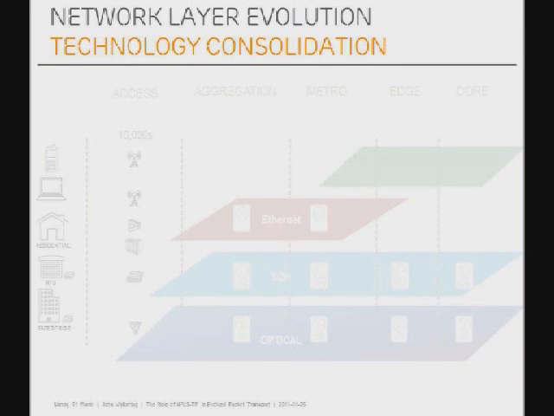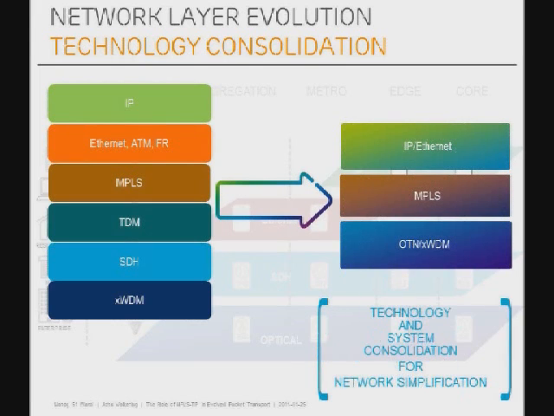Having said that, the different layers will evolve into a consolidated infrastructure where only an optical layer will exist. This optical layer may be extended with an OTN layer to provide forward error correction or grooming capabilities to better utilize the fibers. It will then typically use an MPLS encapsulated infrastructure to better leverage the statistical multiplexing capabilities we have with MPLS.